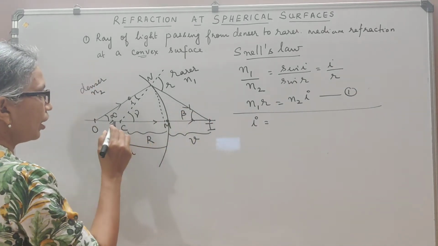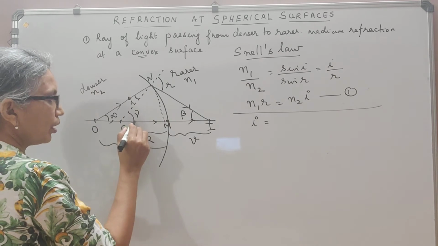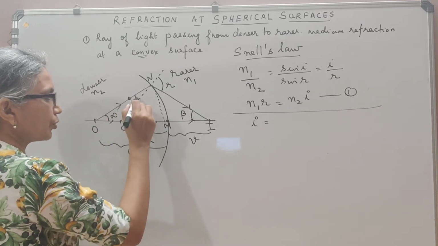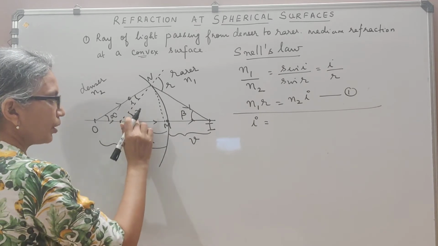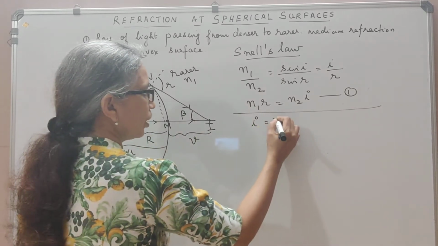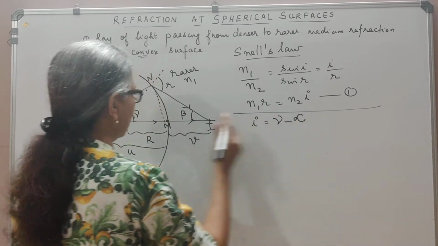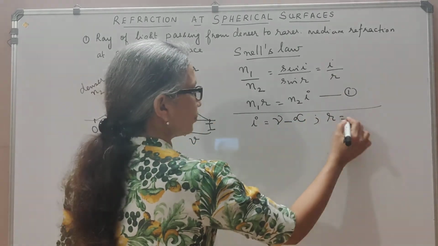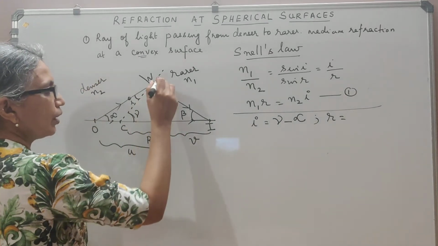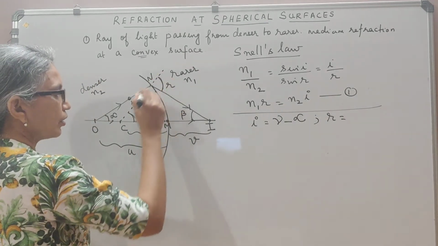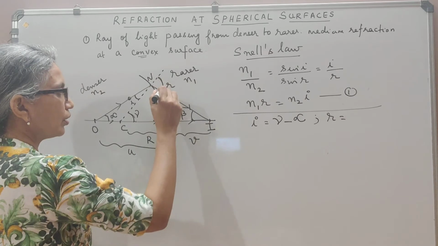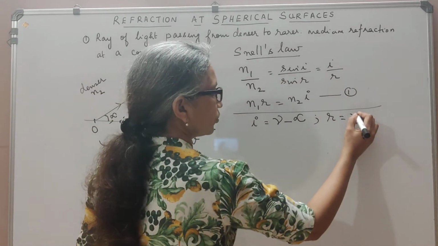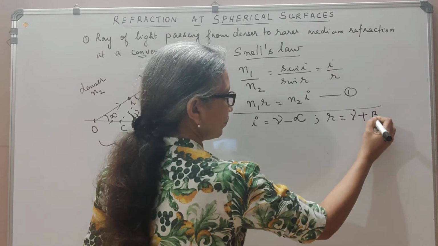So I should be equal to gamma minus alpha, because this is the exterior angle, so gamma should be equal to alpha plus I. So from here we know I is going to be equal to gamma minus alpha. Similarly, R is here, so this is the exterior angle to this triangle. So R, the exterior angle, should be the sum of gamma plus beta. So that's what I'm going to write here, gamma plus beta.